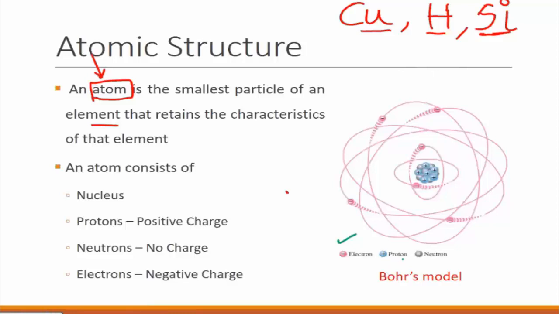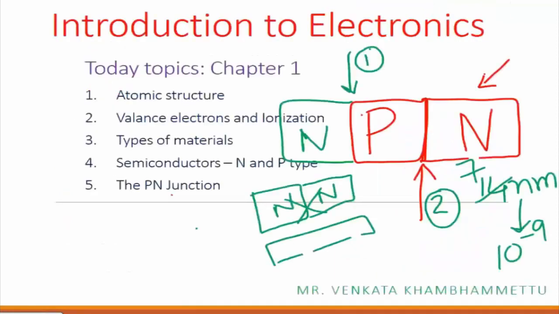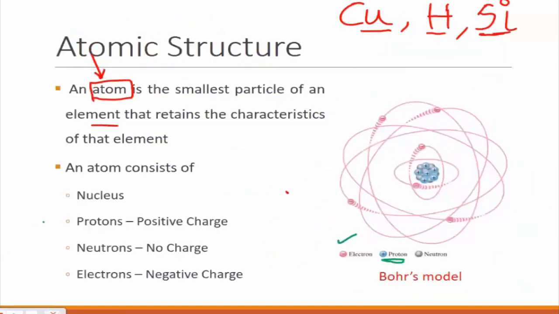Positive charges are known as protons, and there is some neutral charge associated with it. The neutral charge is referred to as a neutron. All right, so neutron is the neutral charge. This is referred to as Bohr's model.